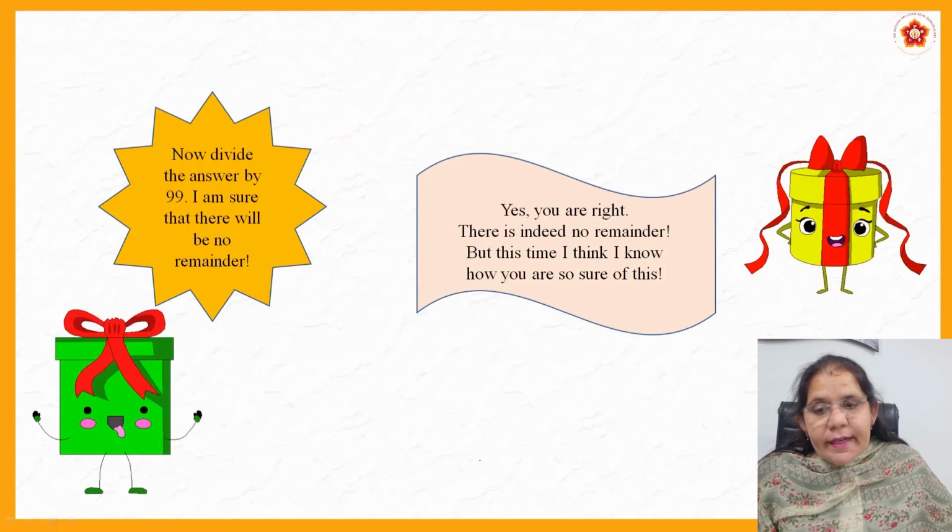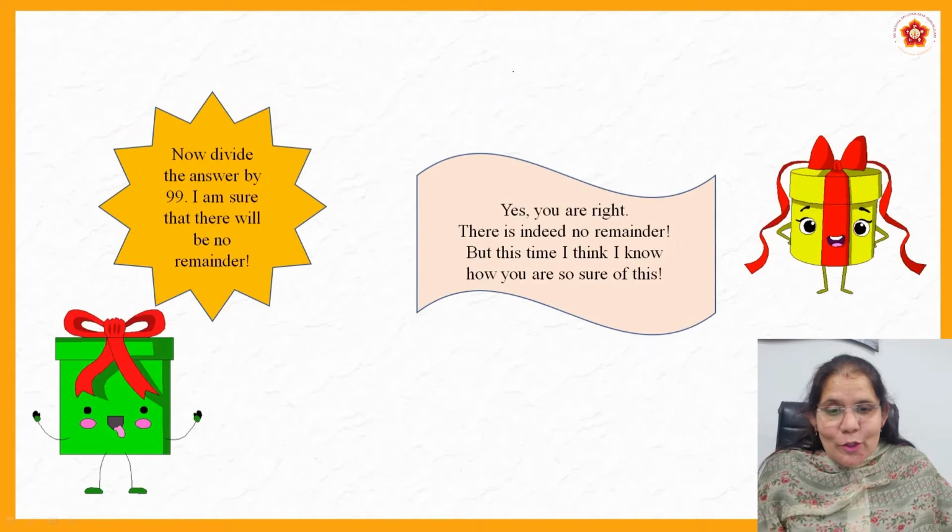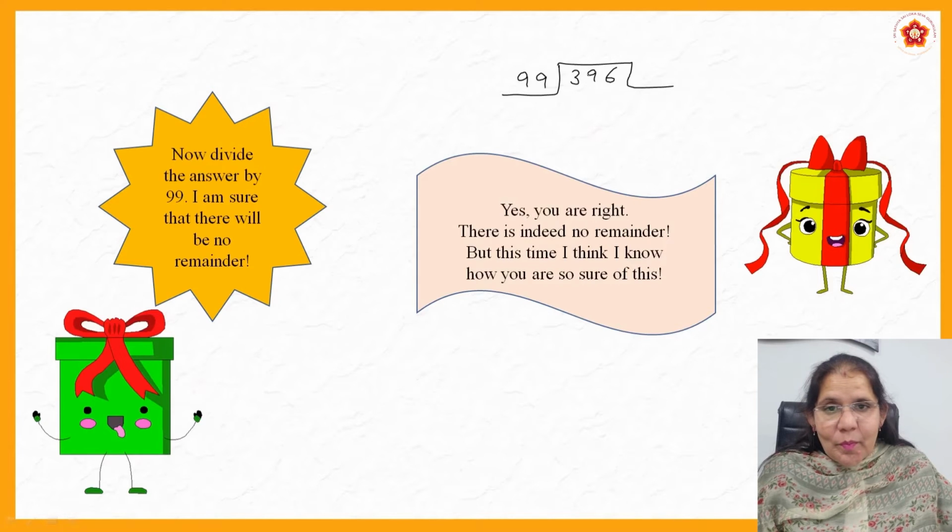Now divide the answer by 99. This is what Steve said. And he said that I'm sure that there will be no remainder. So Oscar had to take pen and paper to do this. 396, and she was asked to divide it by 99.